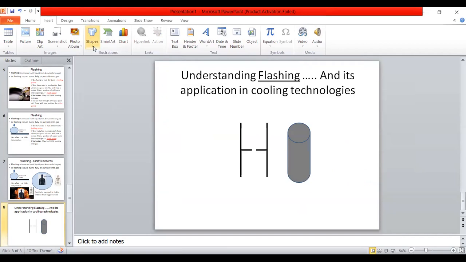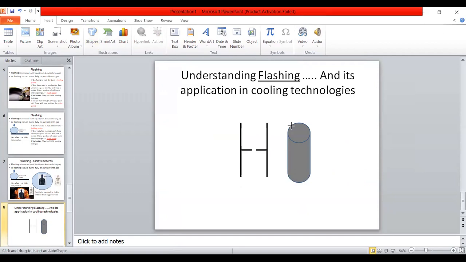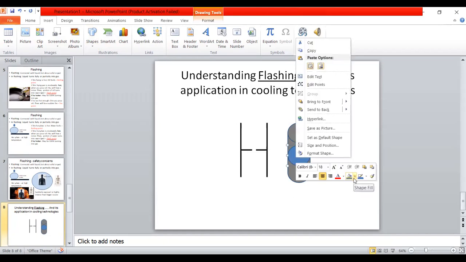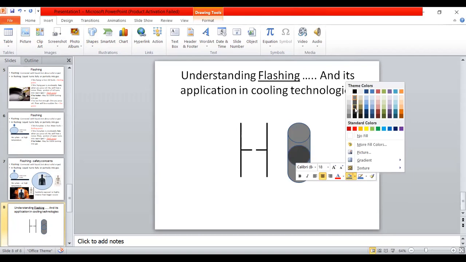A piece of pipe, and here in the middle, you will see a plate.